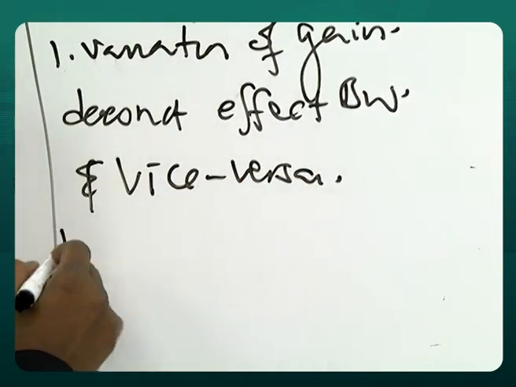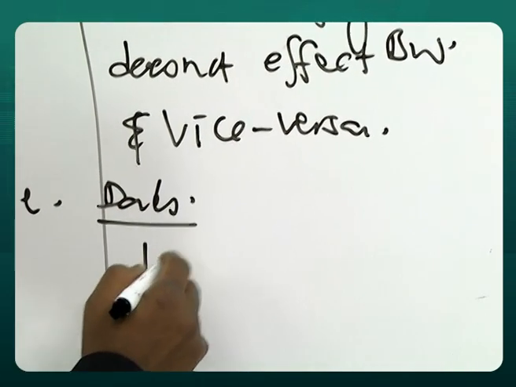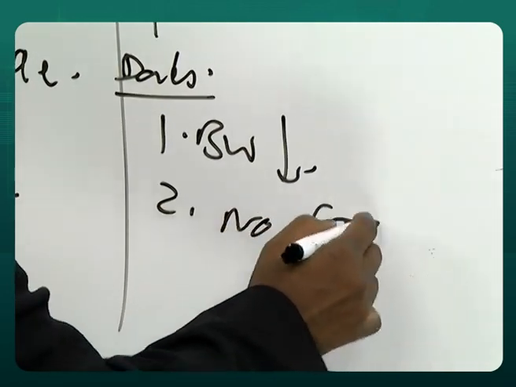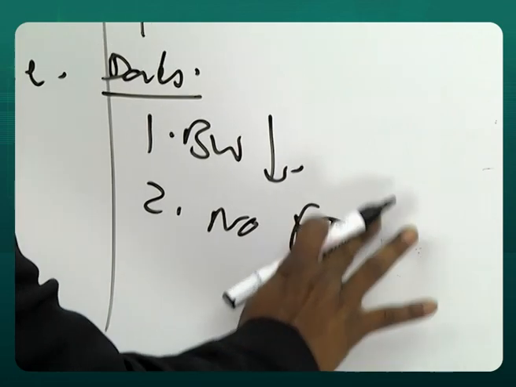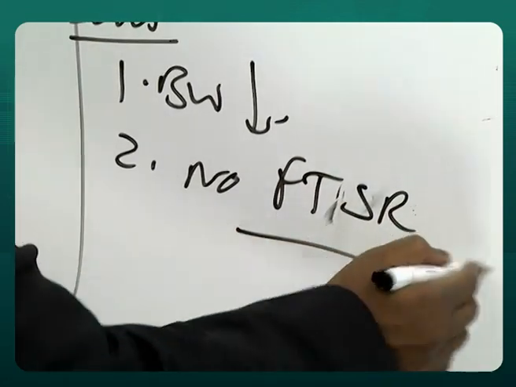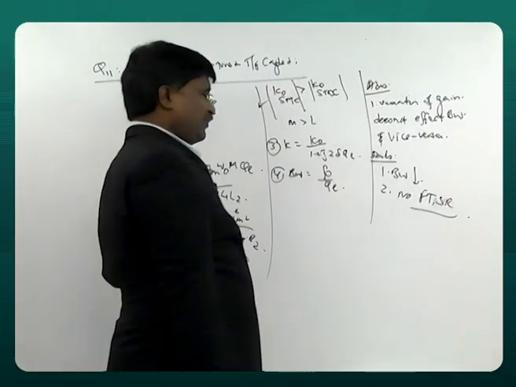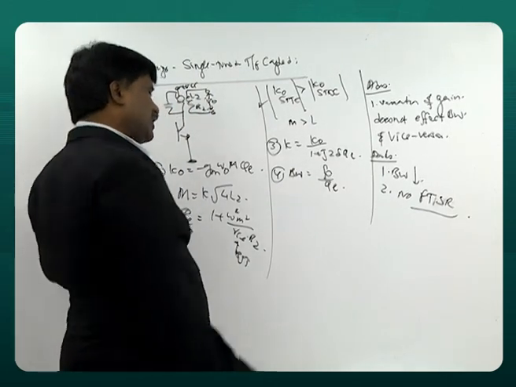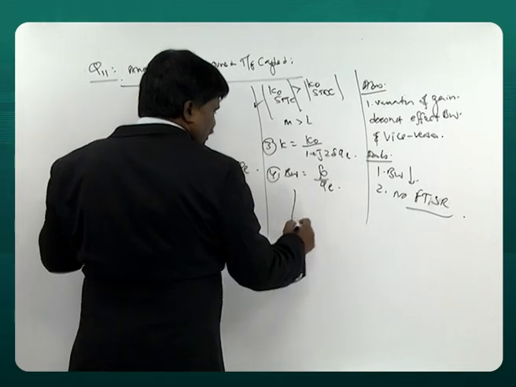We are happy. Drawbacks: bandwidth is less, no flat top skirt response. Bandwidth is still lesser, flat top skirt response is not there.